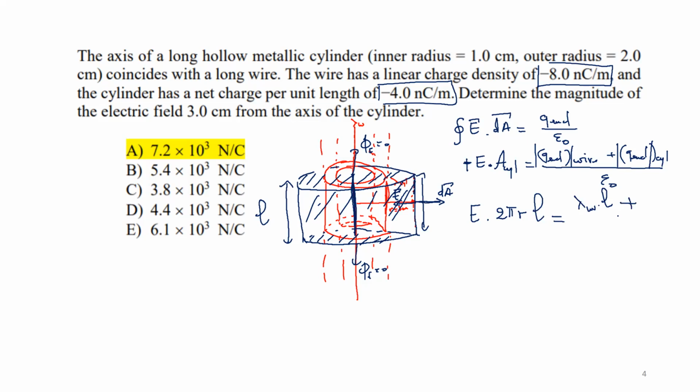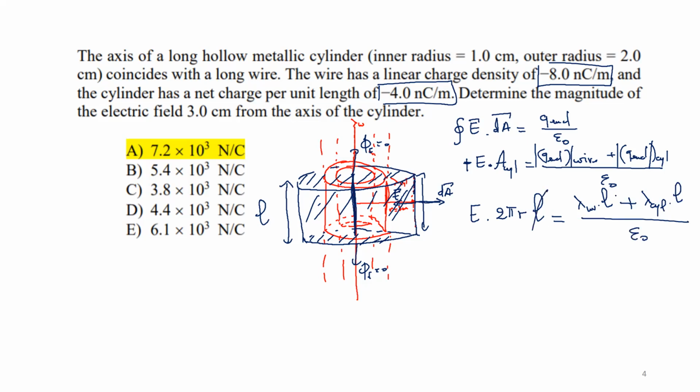Now, what's the charge enclosed by the cylinder? So what do you think? What is the charge enclosed by the cylinder? The charge enclosed by the cylinder is lambda cylinder multiplied by L also. And this divided by epsilon naught.